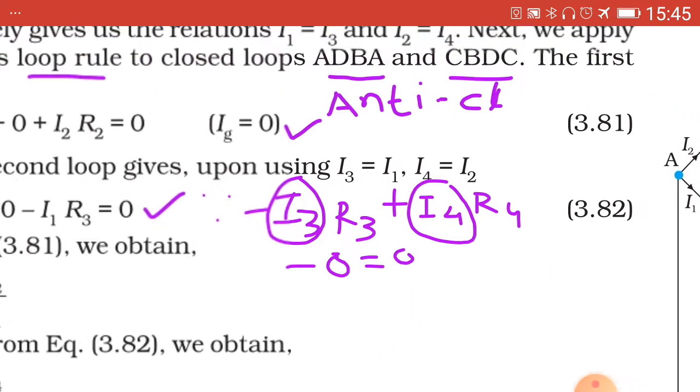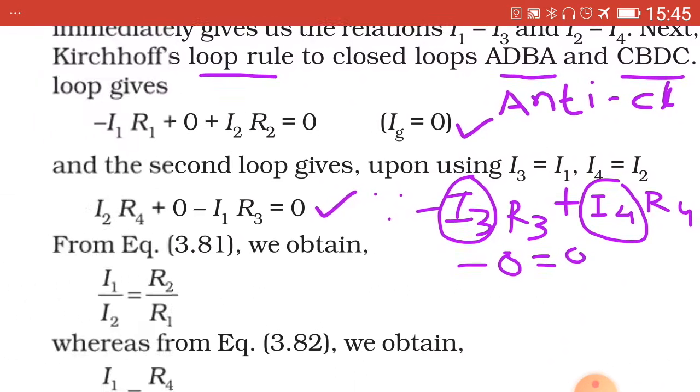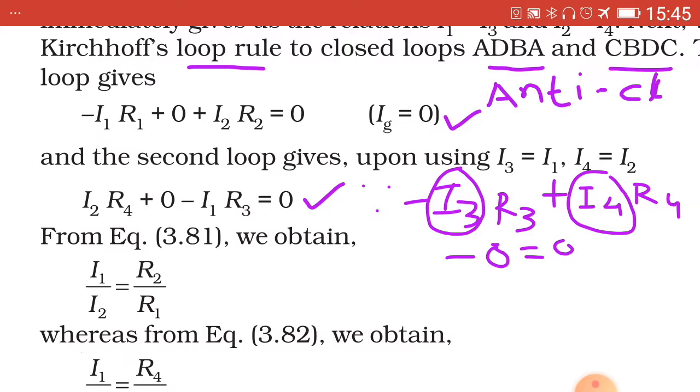Now in short we have got those two equations. First one is minus I1 R1 plus 0 plus I2 R2 equal to 0 along closed loop ADBA, because Ig equal to 0.